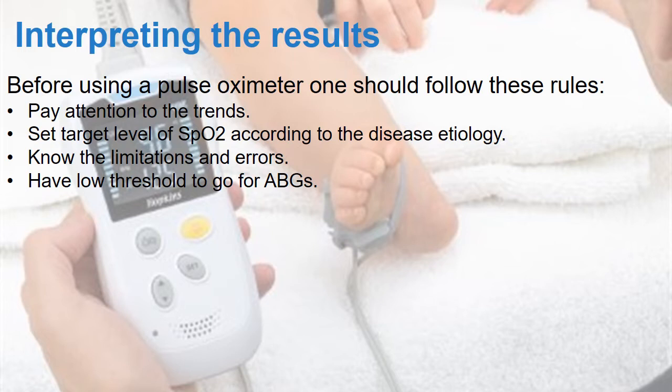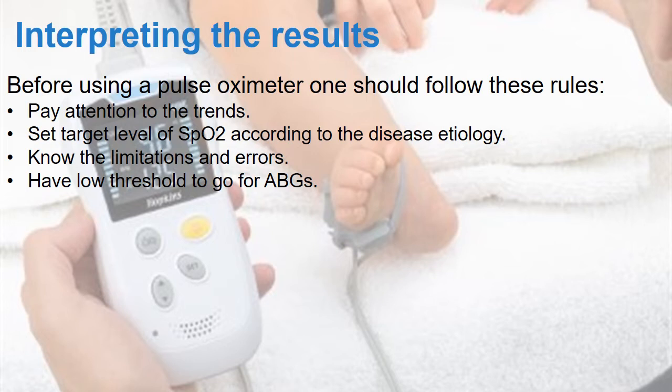Pay attention to the trends, and set the target level of saturation according to the disease etiology, because every disease is different. For example, in obstructive sleep apnea, you accept a lower SpO2 as compared to a patient with cardiac disease only. The other thing is that you have to know the limitations and errors of the device.